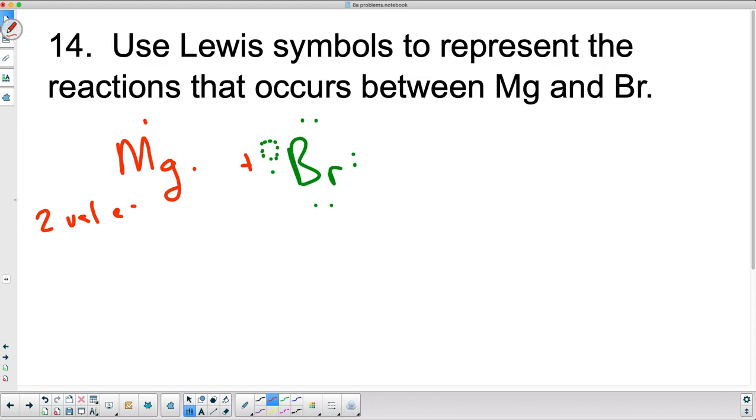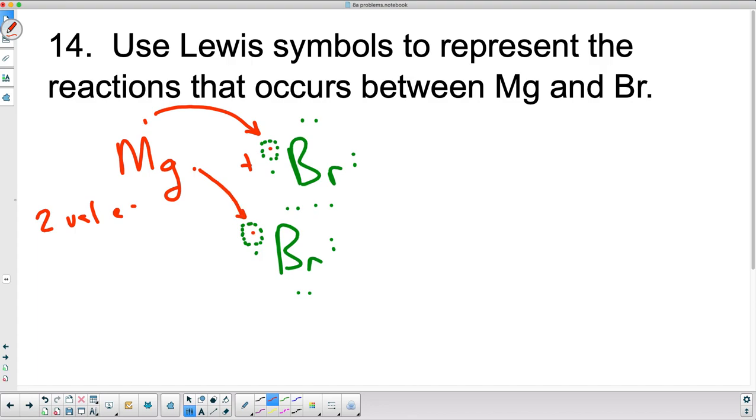So if one of these electrons comes over here and fits in this spot, that's an ionic bond. Clearly, I'm going to need 2 bromines because I have 2 extra electrons, and each bromine only houses 1 extra electron like that.